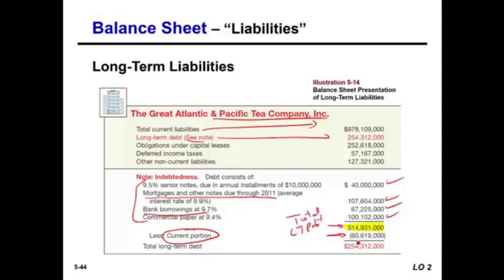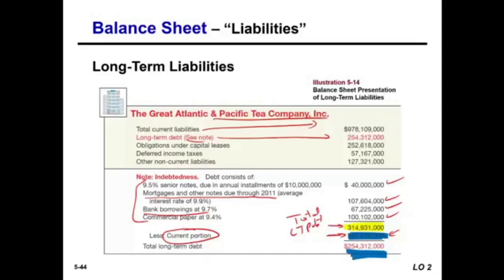Of this amount, $60,619,000, which I'm going to highlight in a different color, is due in the next 12 months. So the total debt that's going to be with them after they make the payments next year is $254,312,000.